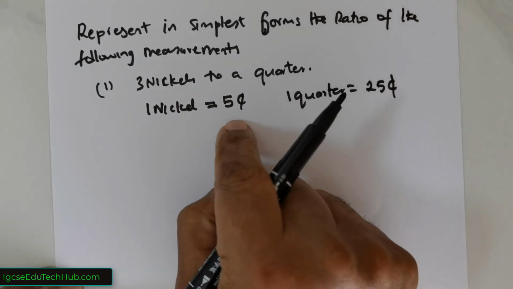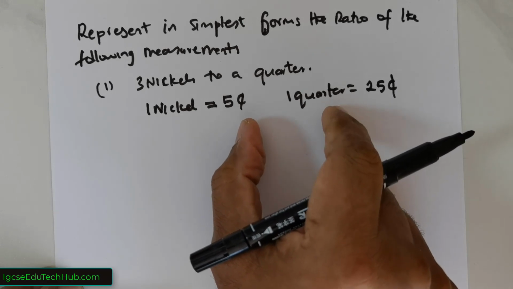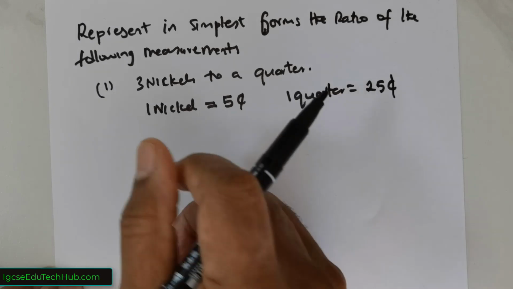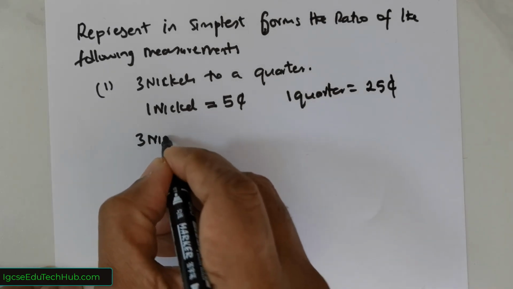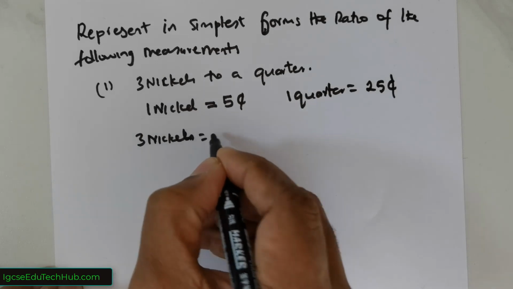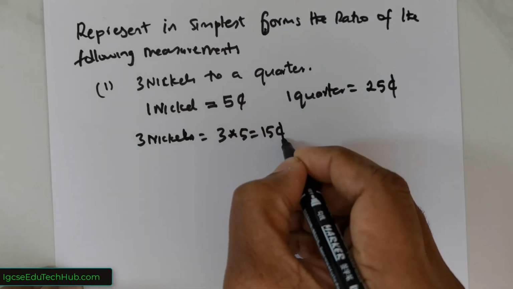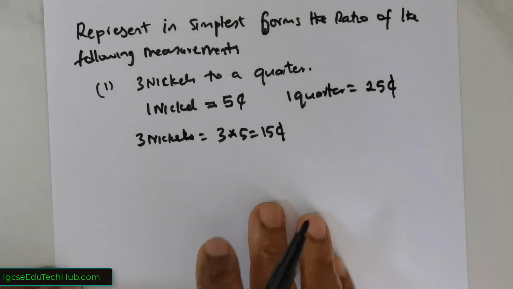The cent is the common quantity that connects the quarter and the nickel. So 3 nickels is going to be 3 multiplied by 5, which is equal to 15 cents, and 1 quarter remains as it is.